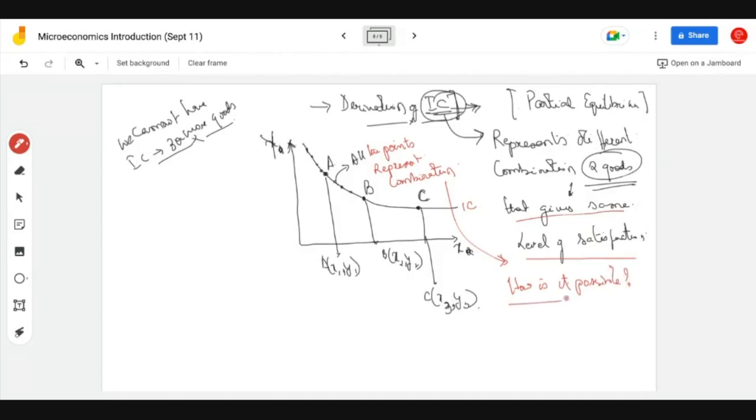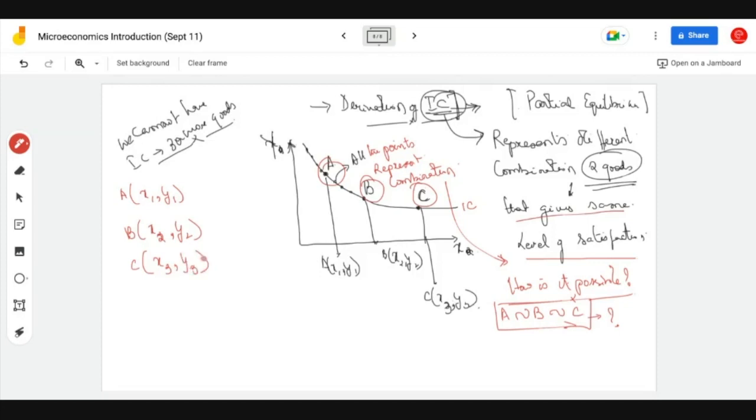How is it possible that point A, B, and C, that is A is similar to B or gives the same satisfaction level equal to C? How is this possible? At A we have x1 comma y1, B x2 y2, and C we have x3 y3.